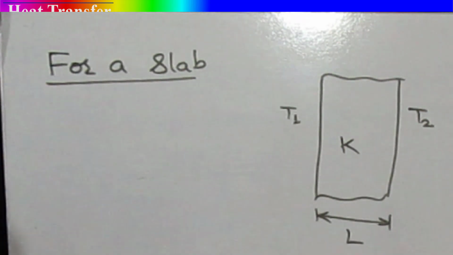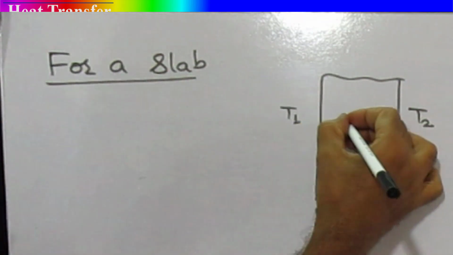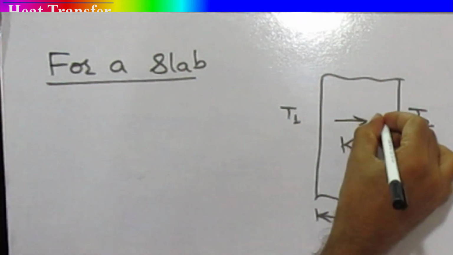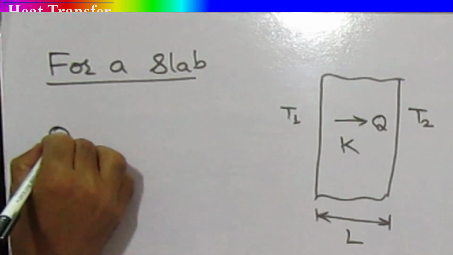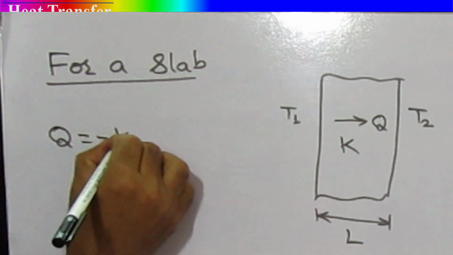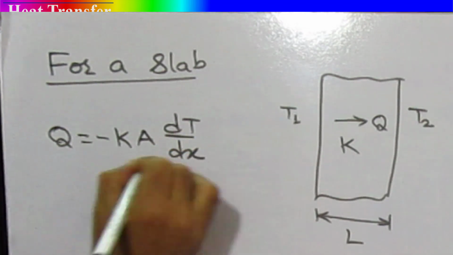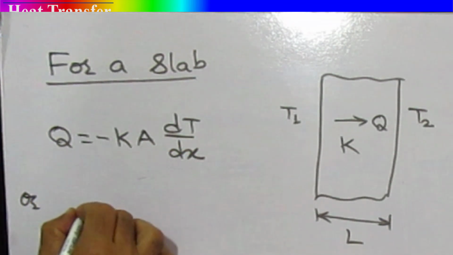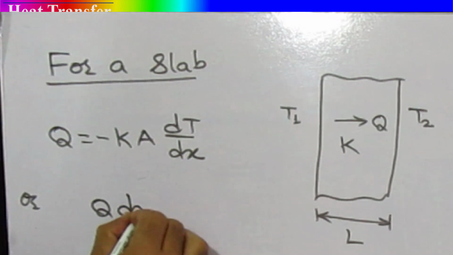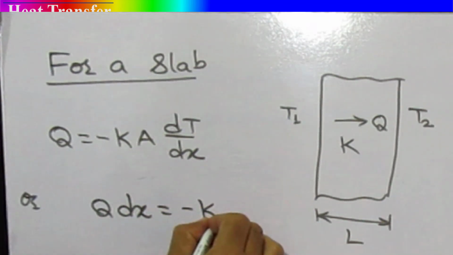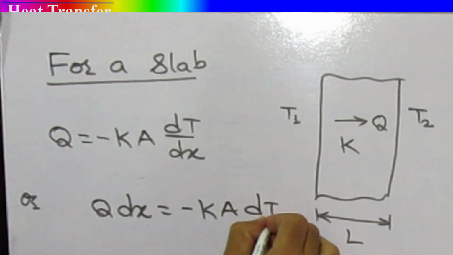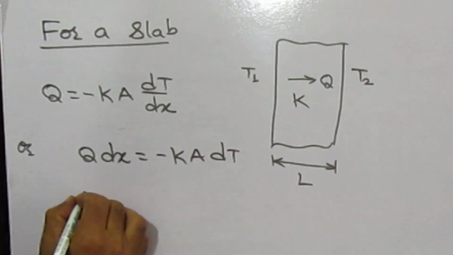Then by Fourier conduction equation, heat transfer Q equals minus K A dt by dx, or Q into dx equals minus K A dt, integrating.